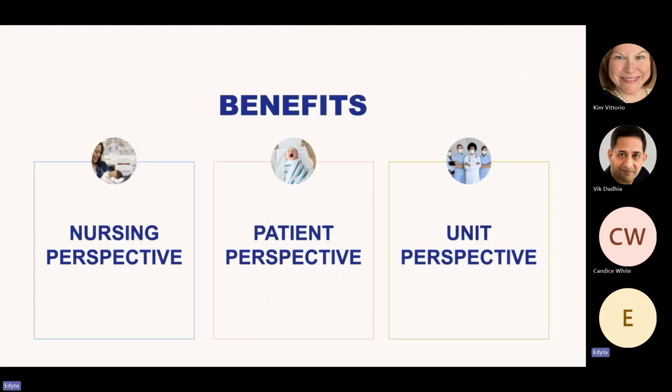So there's several benefits to using a nurse-led ROP screening program, and we're going to break this down into the nursing perspective, the patient perspective, and the unit perspective. And you'll see that they do overlap actually quite a bit, and that's on purpose. So let's get into that.